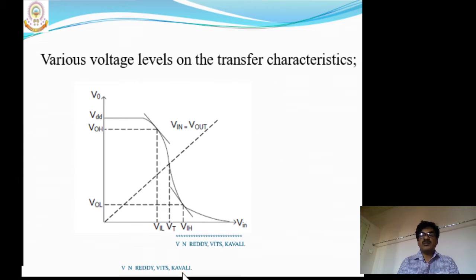So this is the point where Vout equals Vin, hence it is considered as the inverter threshold voltage. After that inverter threshold voltage, with the high input voltage, the output voltage comes to low value, that is referred as the VOL. This is the VOL value, minimum VOL value. This is the practical characteristic curve of an inverter.